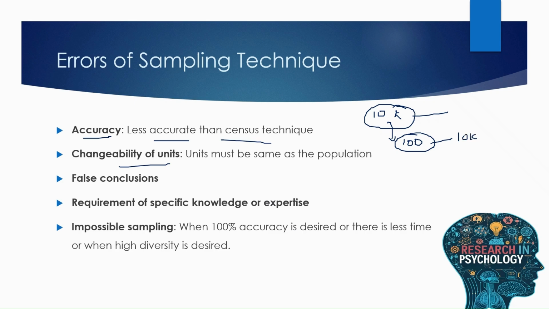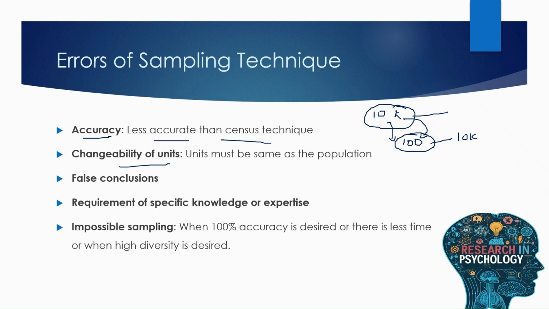So I go back and get another 10 people from here, right? In this case, my sample unit has changed. It is not in harmony with each other. It was not consistent. So there is a good chance that my result is not accurate. It can give me a less reliable result, right? So the changeability of units needs to be taken care of, because this is a potential source of error. The individuals in the sample should remain consistent or in harmony with each other.